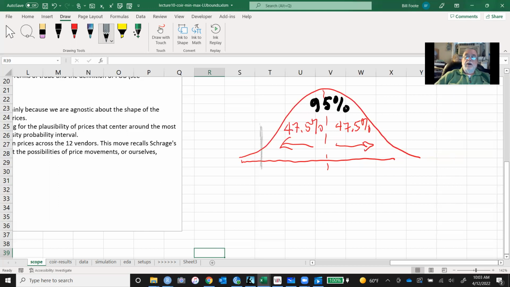Oh no, there won't be 5% in each tail. There'll be 5% in both tails. How's that? Okay, so we've gone out that far. There's therefore 2.5% down here. And where's the other? 2.5% up here.